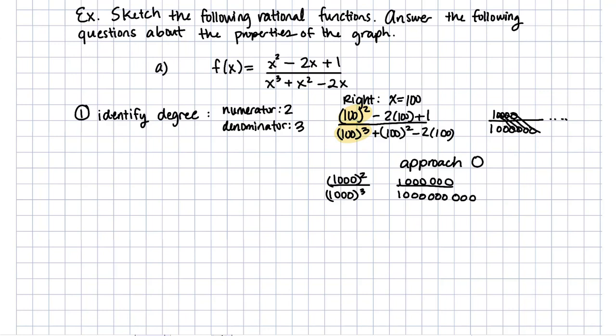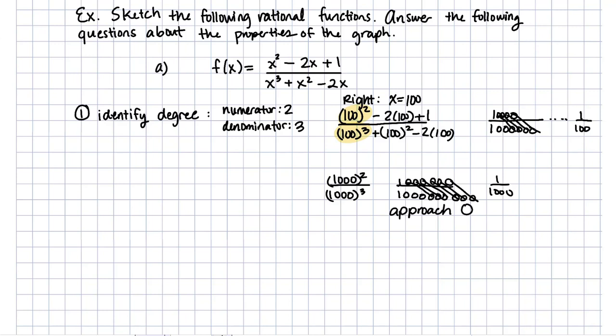So 1 over 100 compared to 1 over 1,000. You guys see the pattern. You've got these fractions that are approaching 0, as I said.